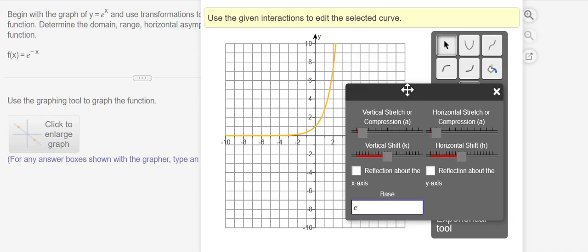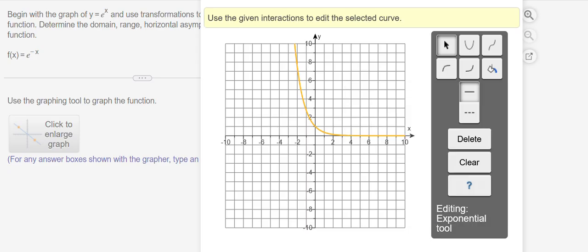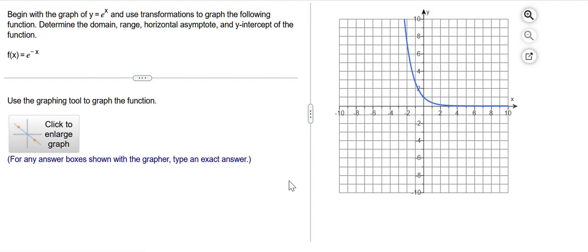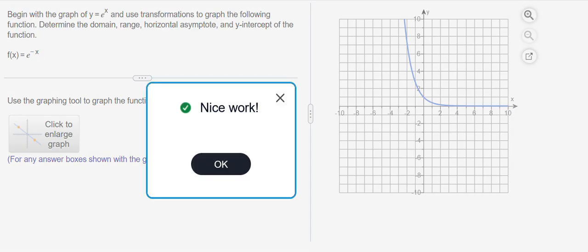So right here, I am clicking, it has a reflection about the y-axis. That is the only thing that changed from e to the x to e to the negative x. But let's check our work to see if that's correct.